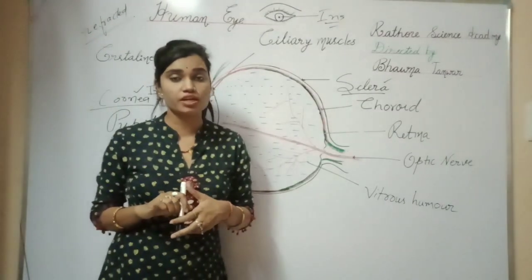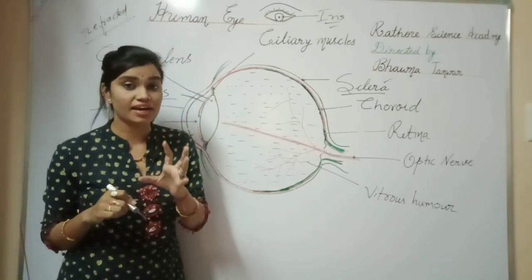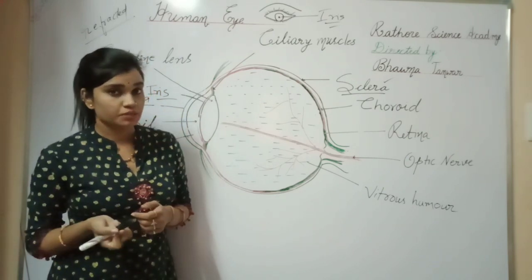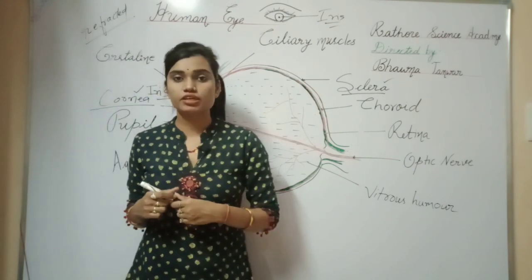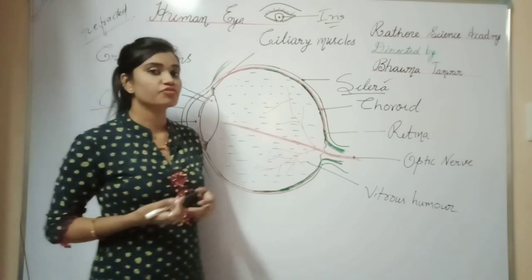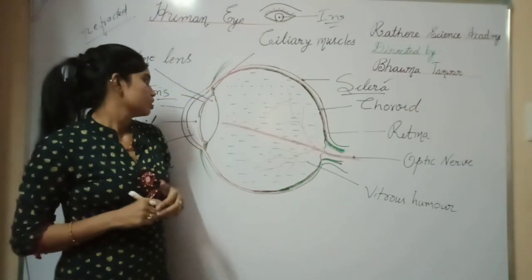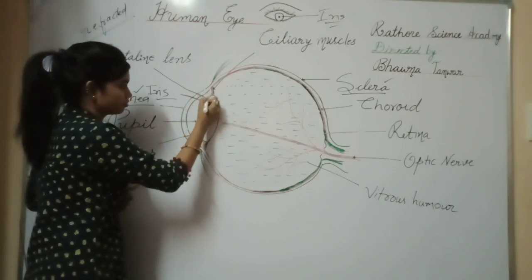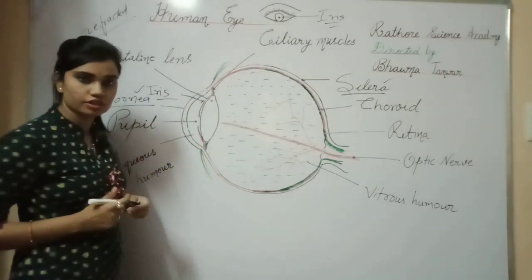What is the function of the iris? The iris has some pigment which provides the color to the eyes. You have seen people having black eyes, brown eyes, grey eyes. So this color of the eye is because of the iris. Okay. So this is the iris, just below the cornea.